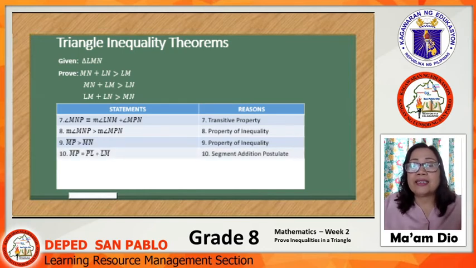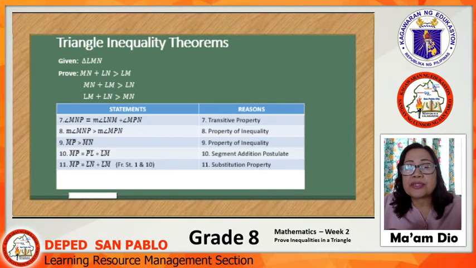And then number 10, MP is equal to PL plus LM by the segment addition postulate. Then it follows that MP is equal to LN plus LM, from statements number 1 and number 10, by the substitution property.